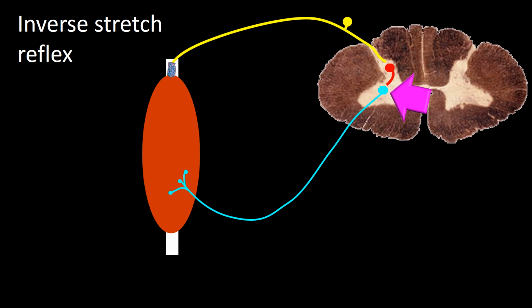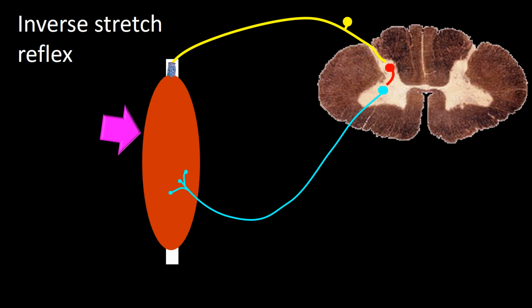The result is that the motor neuron will be hyperpolarized, thus preventing it from further discharging. In the absence of further motor neuron discharge, the muscle relaxes.